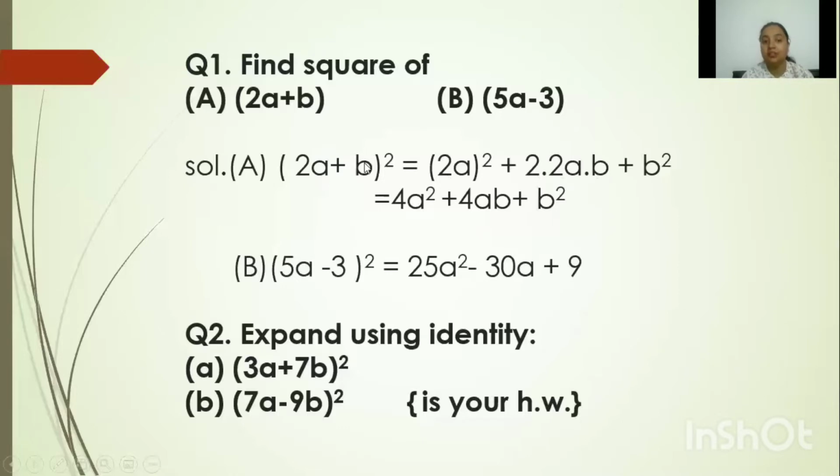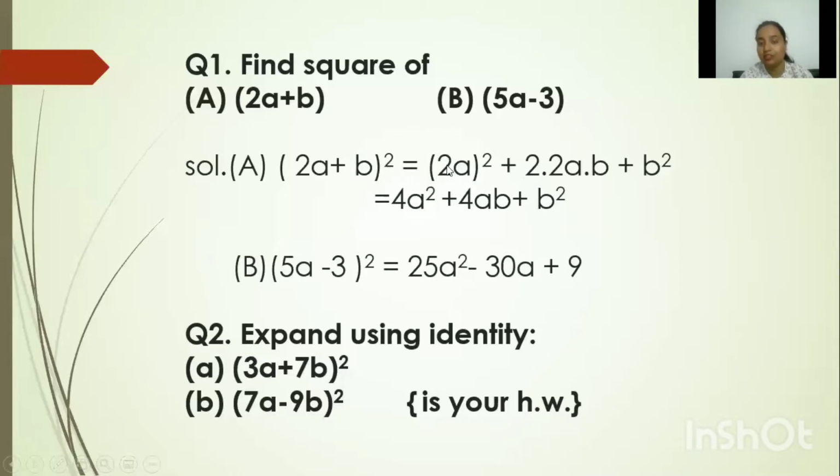If the expression is in (a plus b) whole square form, means first term plus second term and the whole square, then you will expand this way. Okay, so we have to pay attention to this thing also. What is the form of my expression? Accordingly, I'm going to use the identity. So here we have used (a plus b) whole square.